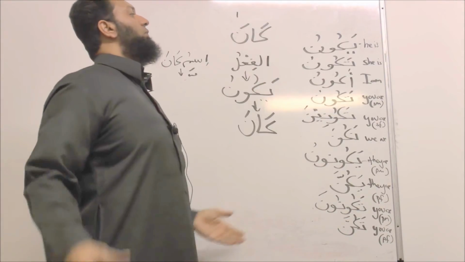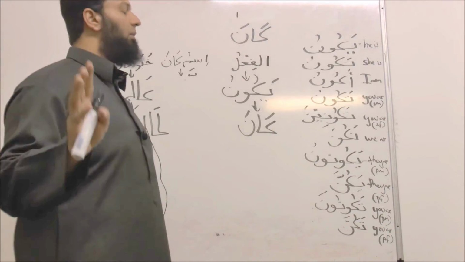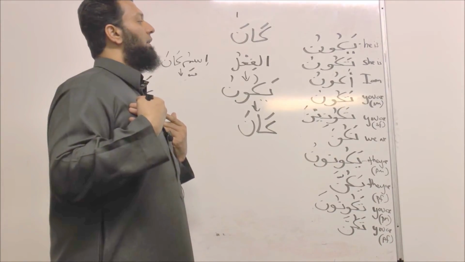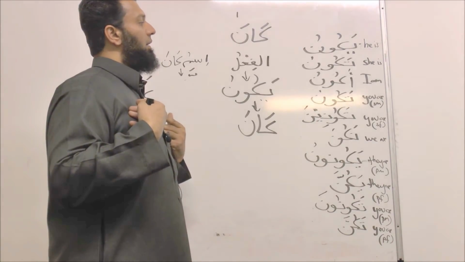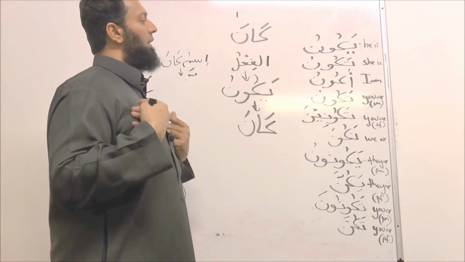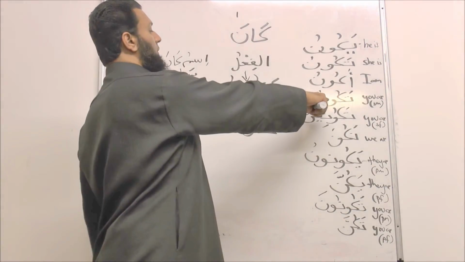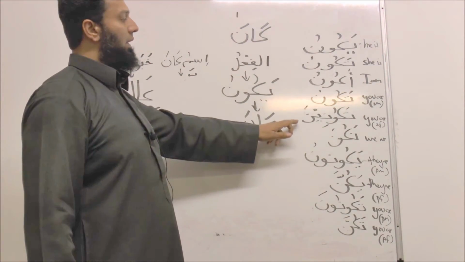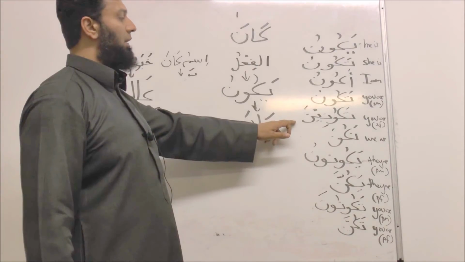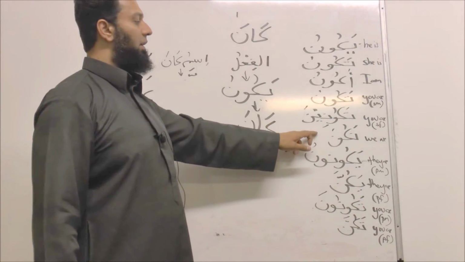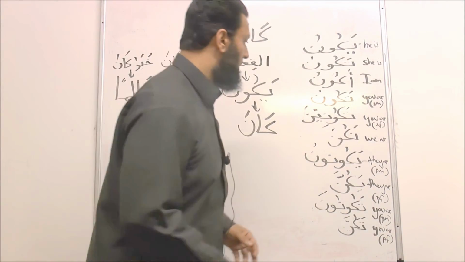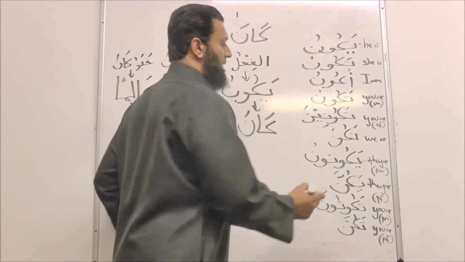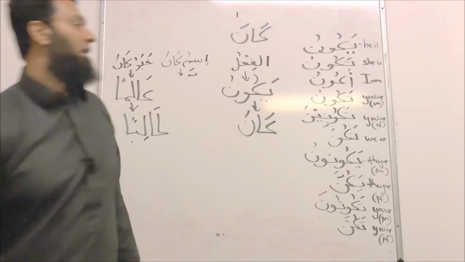Right, so yakunu is he is, or he will be. Takunu, she is. Akunu, I am. Takunu, you are. Nakunu, we are.